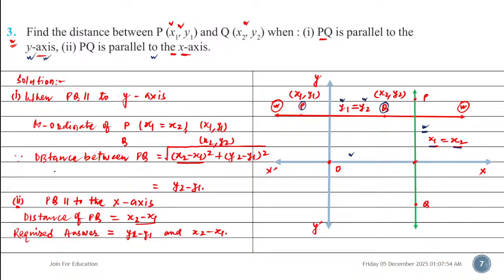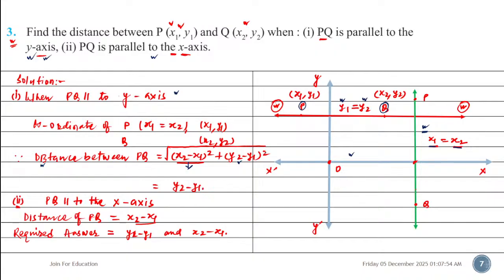We recall the distance formula. This is the distance formula: root of x2 minus x1 whole square plus y2 minus y1 whole square. In the case when this is parallel to the y-axis, then x1 equal to x2. So this part will be 0 and we write this part, y2 minus y1 whole square over root.